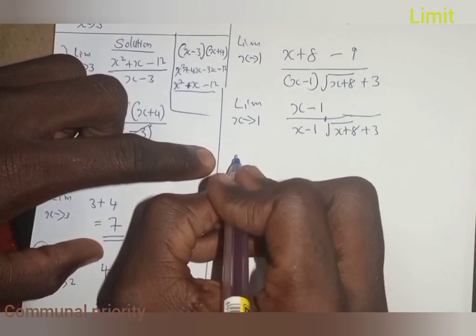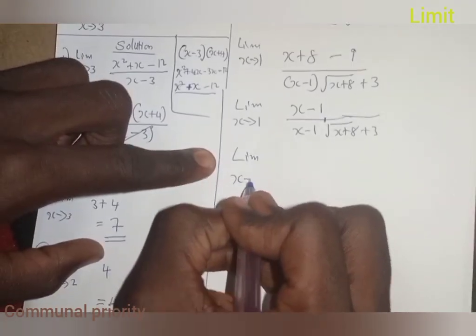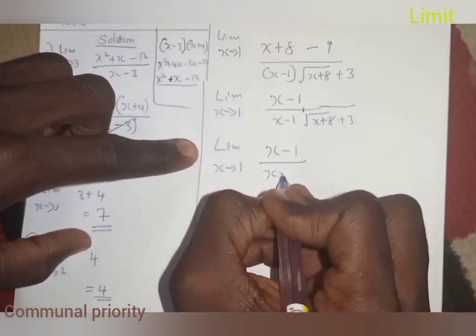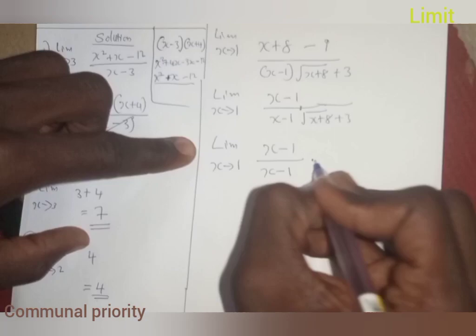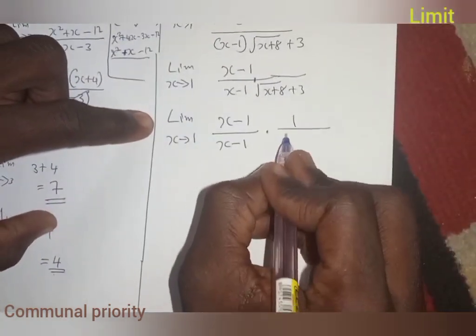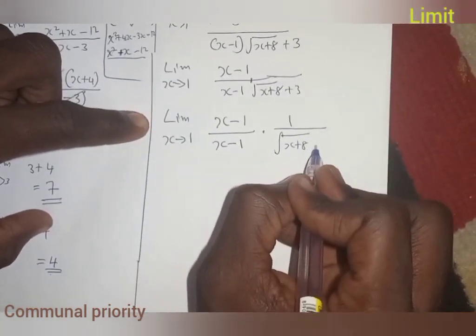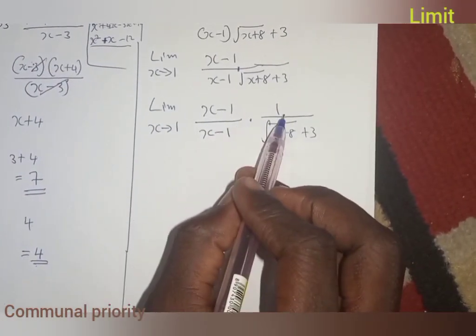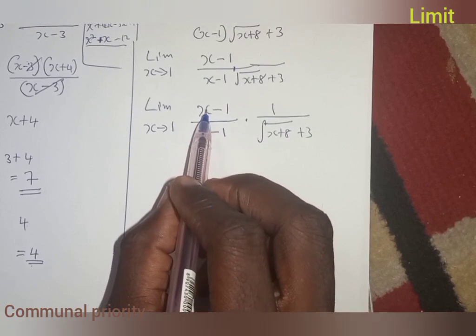This will be 1. So therefore, we can say our limit as x approaches 1 of x minus 1 all over x minus 1 multiplied by 1 all over square root of x plus 8 plus 3. Because x minus 1 multiplied by 1 will give you what? Will give you x minus 1.